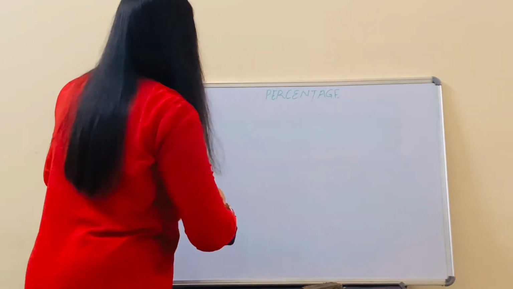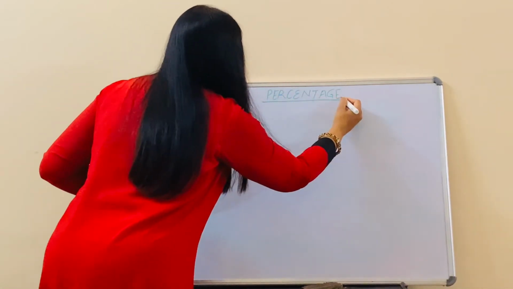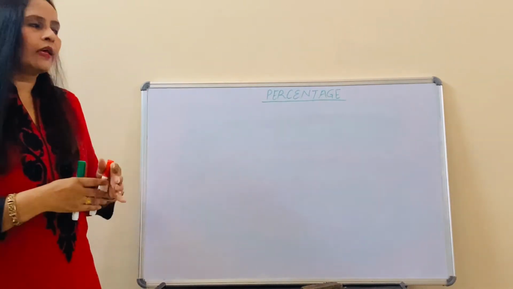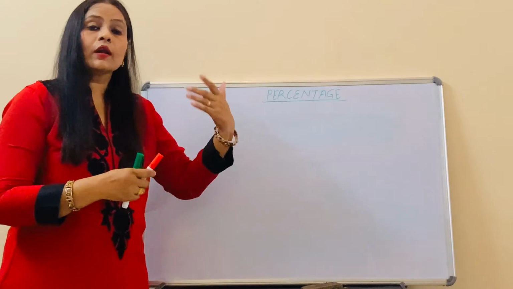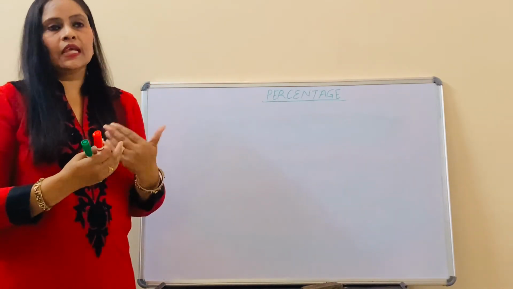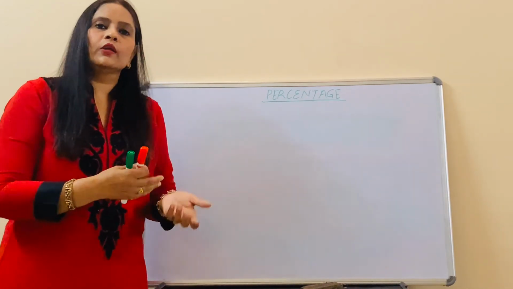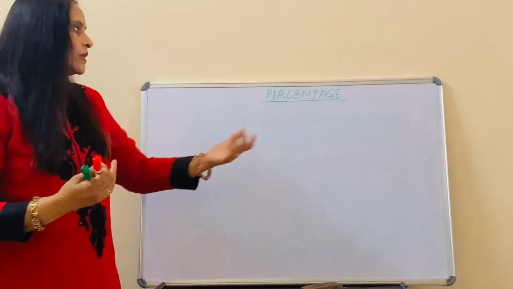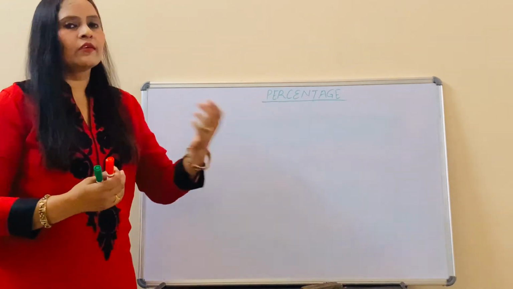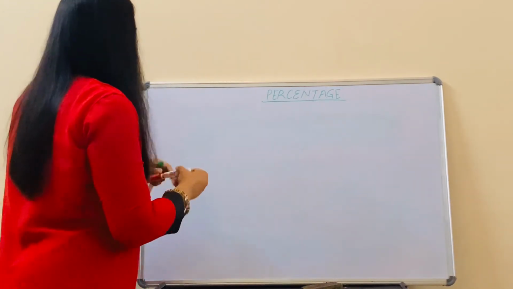Now there can be percentage change also. Means if we are increasing a value or decreasing a value, there will be a percentage, or in some cases by mistake we take another value. Suppose you have to take 200, instead of 200 you are taking 280. So there will be change in the percentage due to errors or due to increase or decrease in the value. So how can we calculate these values?